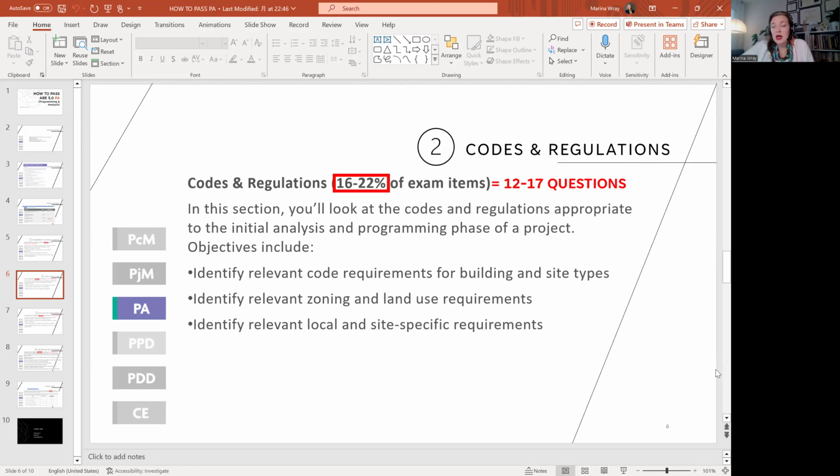They invested in some property, they're willing to invest in the design and construction, but they don't know all the regulations. So the architect should be the one who actually gets that information. Also, relevant local and site-specific requirements. So again, if there are any special considerations that you need to be aware of, make sure that you know them.